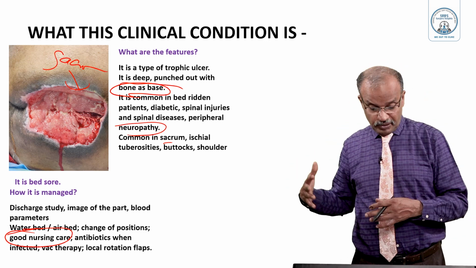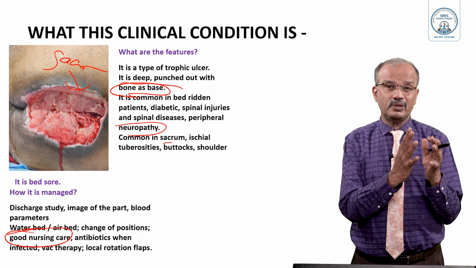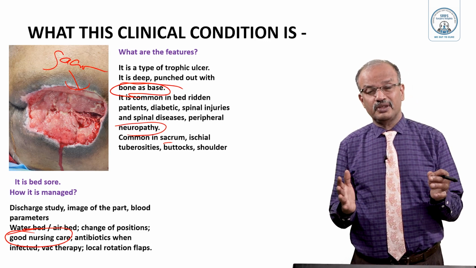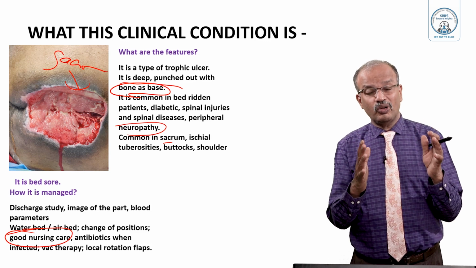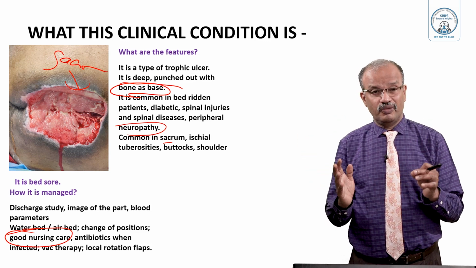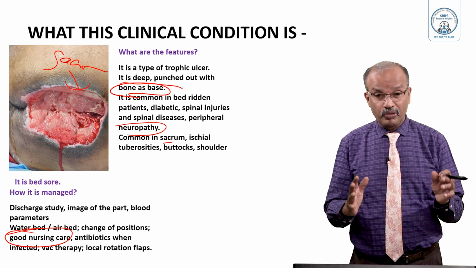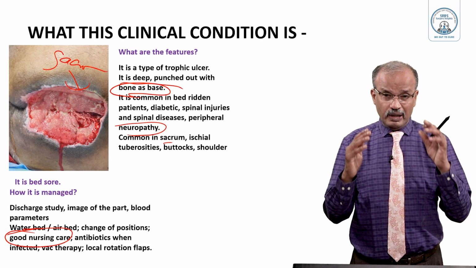There is grading of the bed sore, which I am not going to discuss. This is a very common clinical entity which you will come across in the exam. They will ask in the CBME syllabus, in viva, and as an spotter. And for a clinical discussion, you should be able to know what type of ulcer it is, how it is managed, what the difficulties are, what the causes are. So, very important, very common entity.